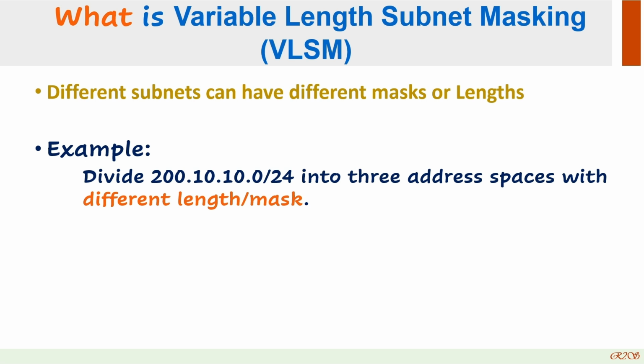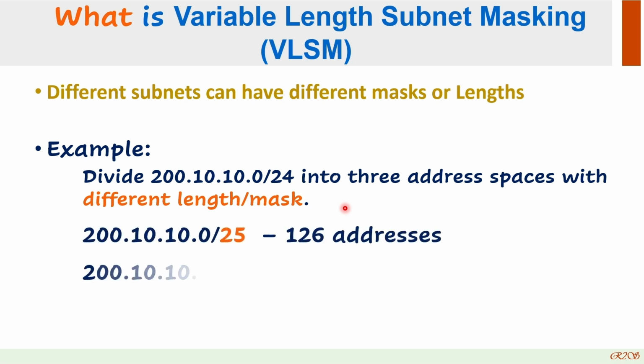So let's have an example. What does it mean that different subnetworks can have different masks? Consider we have a network 200.10.10.0/24 and we want to divide it into different subnets with different lengths.